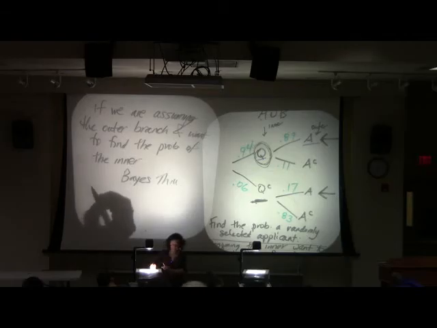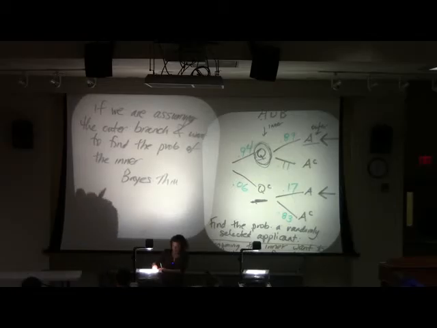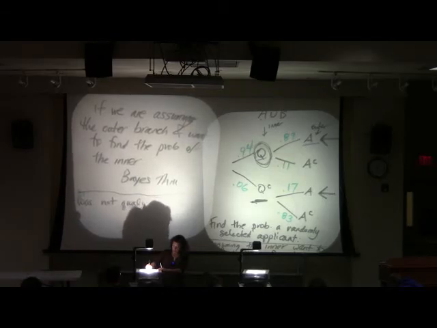We will do one more example on this guy and then continue this on Wednesday. So one more example is, let's find the probability a randomly selected applicant was not qualified if they were not approved.